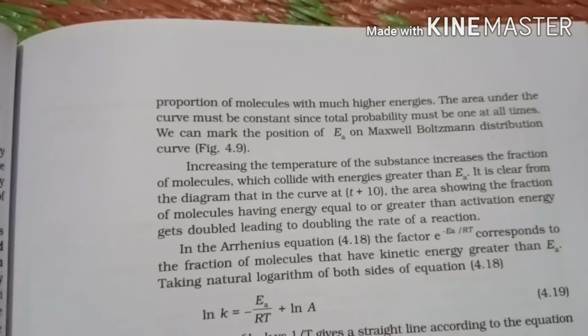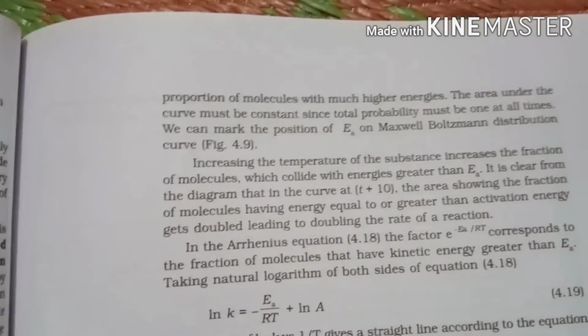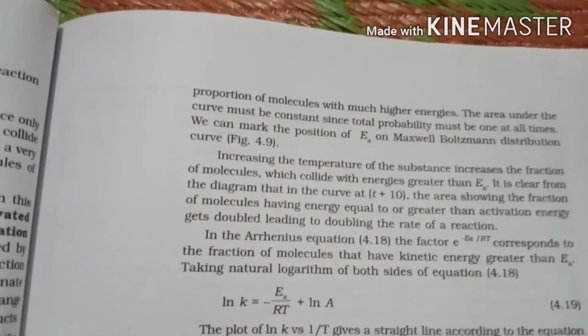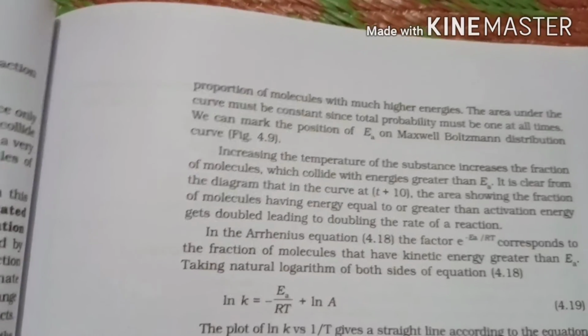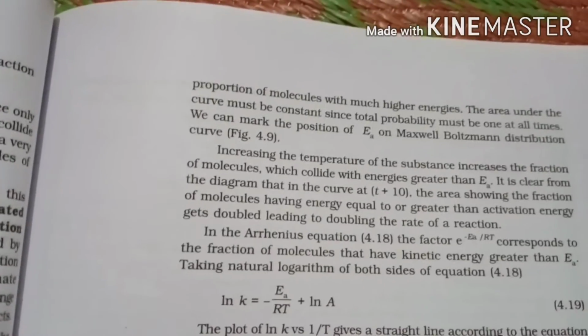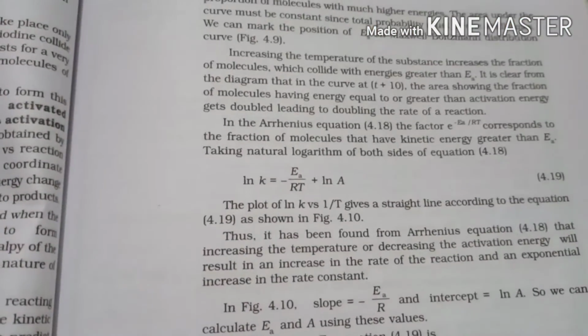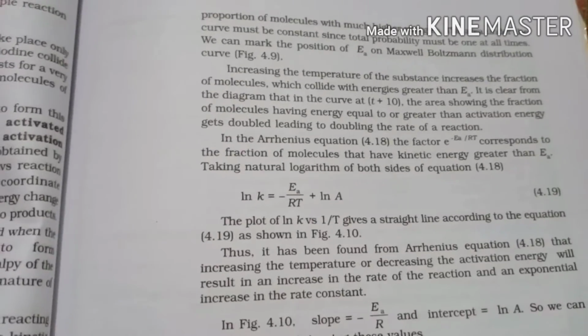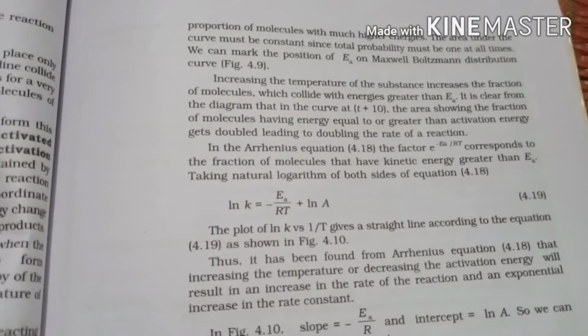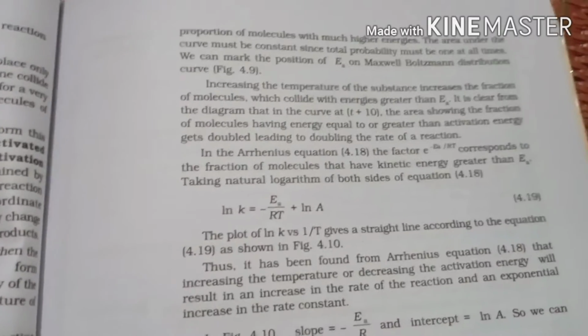It is clear from the diagram that at T plus 10, the area showing the fraction of the molecules having energy equal to or greater than the activation energy gets doubled, leading to the doubling of the rate of the reaction. So when the temperature rises by 10, the area increases.